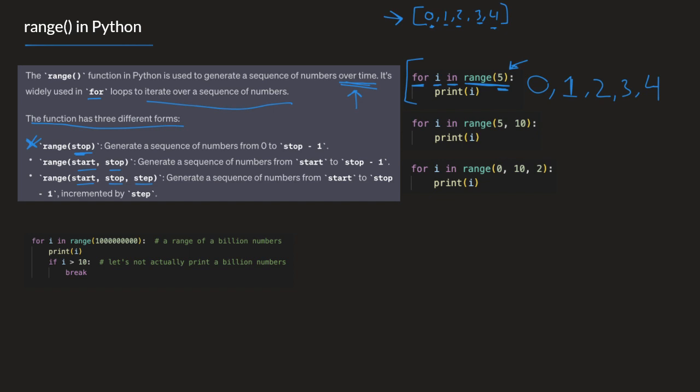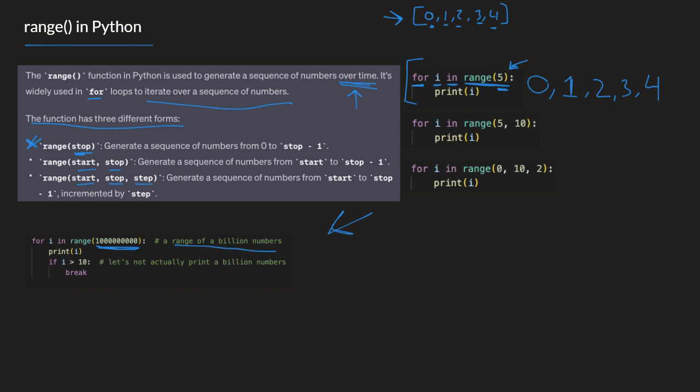Imagine a case where range was really high, and let's take a look down here at this example where that is the case. We pass in one argument, so it's a stop argument, and this is a range of 1 billion numbers.